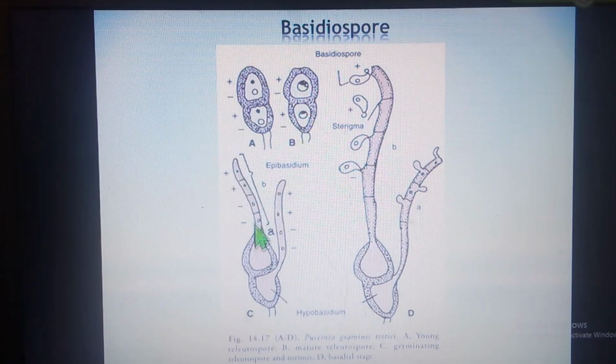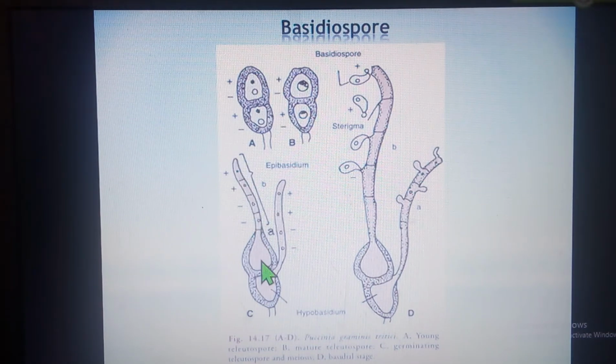You can see here this one and this one, so one germ tube from each cell. Now this germ tube has a limited growth and is known as a promycelium or a probasidium or epibasidium.